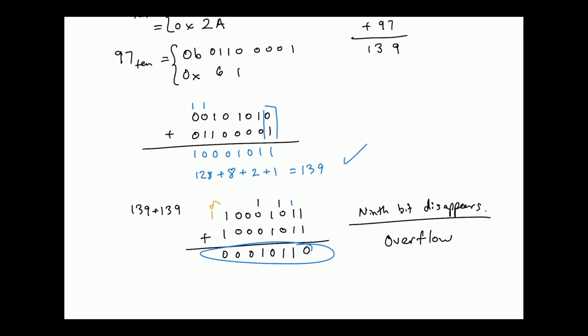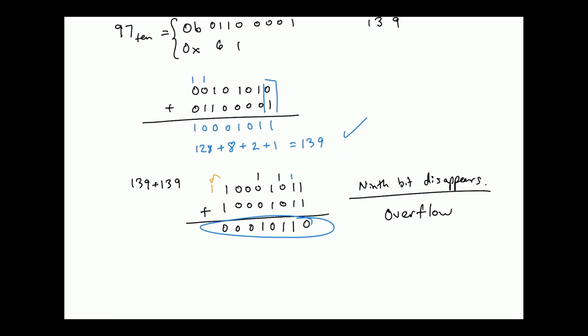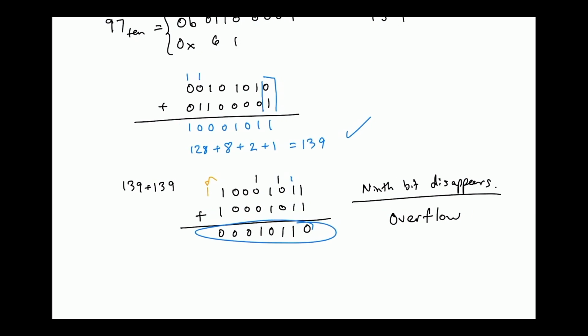Now looking at the binary number that we got that I've circled in blue, what does that represent? Well, we've got a 2 and a 4, that's 6. And then we've got an 8, or no, sorry, a 16.